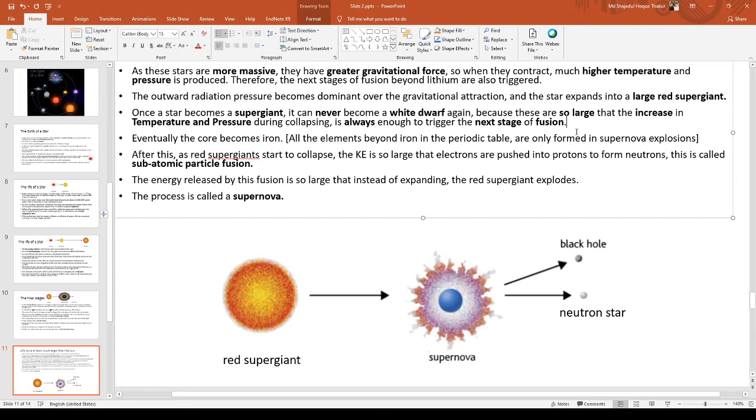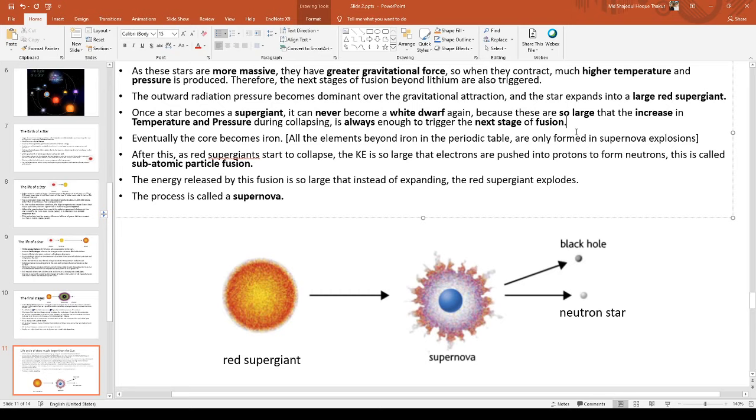Now what happens to the red supergiant? Lithium fusion occurs, lithium runs out, the star begins to contract. After a little bit of contraction, carbon fusion starts. Carbon runs out. Little bit of contraction.